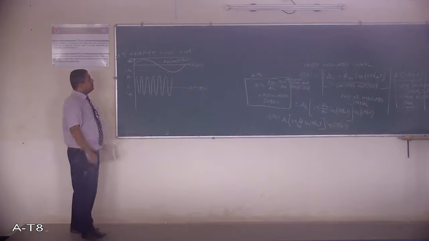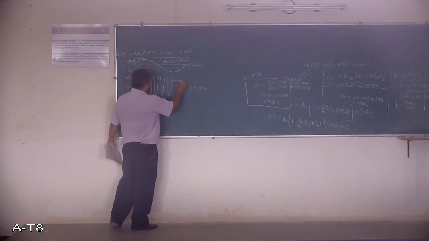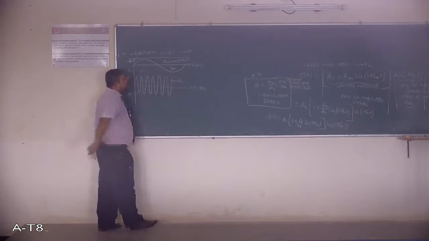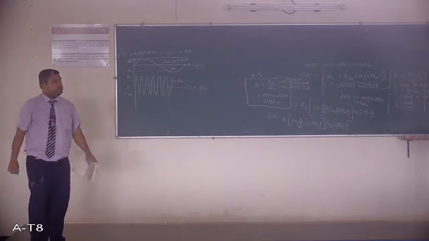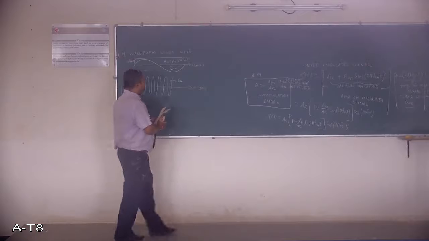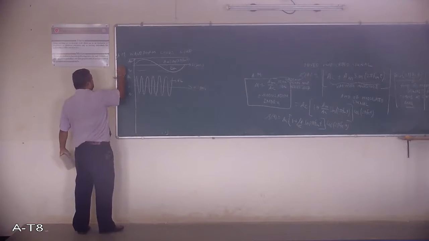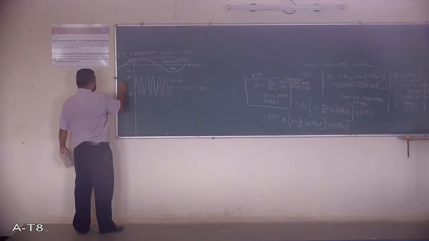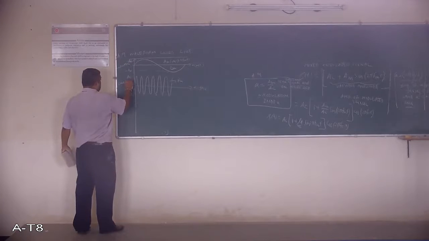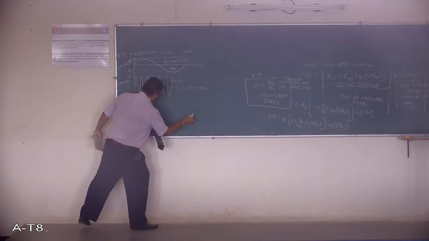Okay. So this is the modulating signal, and this is the carrier signal. This is having frequency of FC, and this is having frequency of FM, and FC is many times more than FM. Finally, what I'll draw is the modulated waveform. So this is modulating, this is carrier, and this is modulated waveform, like this.